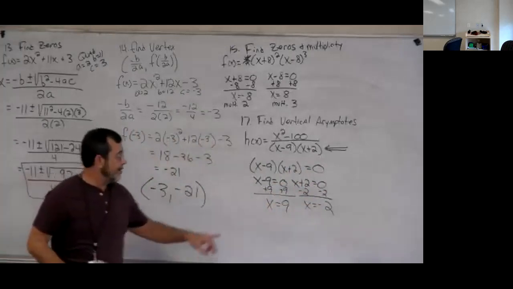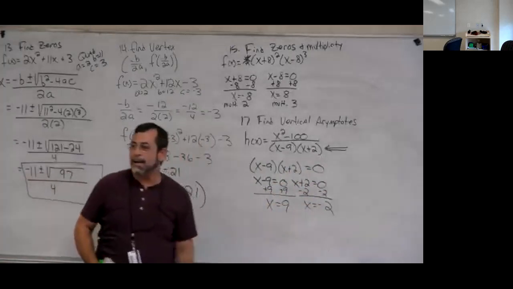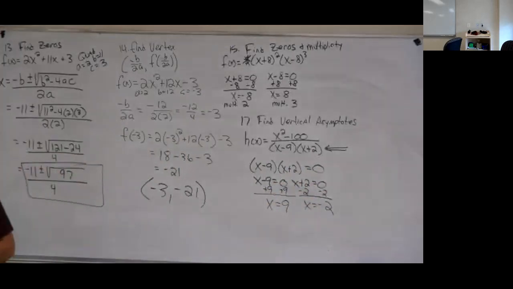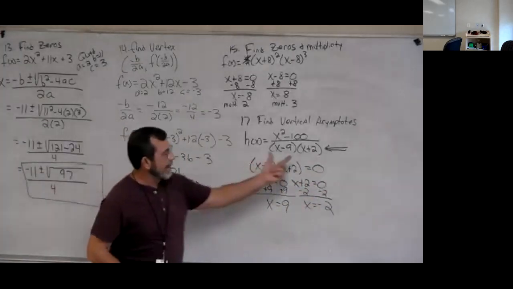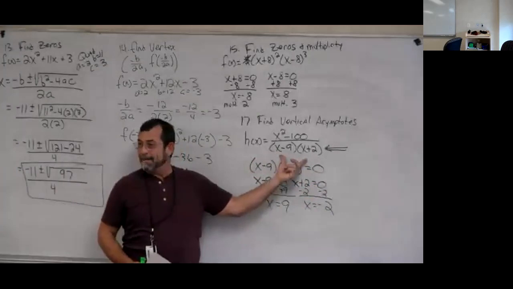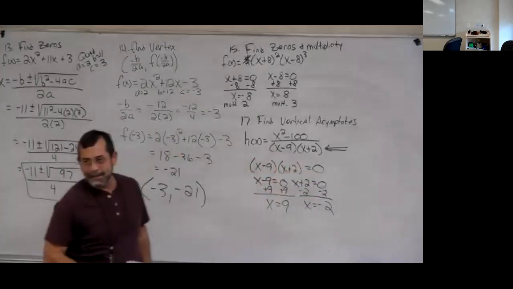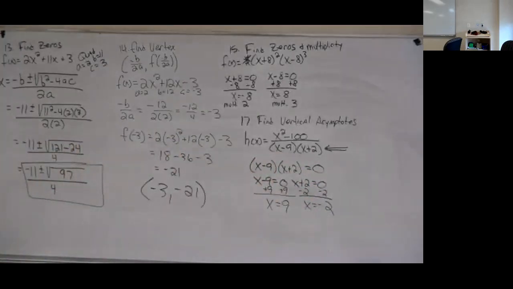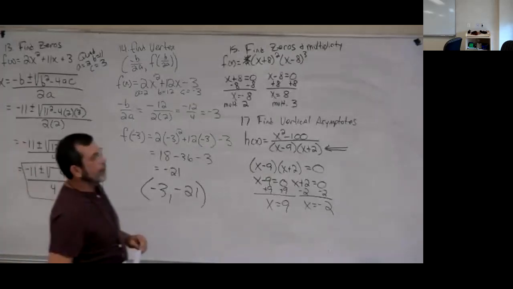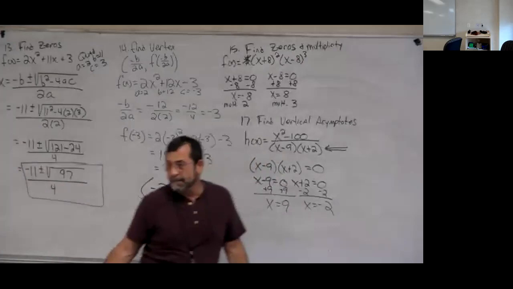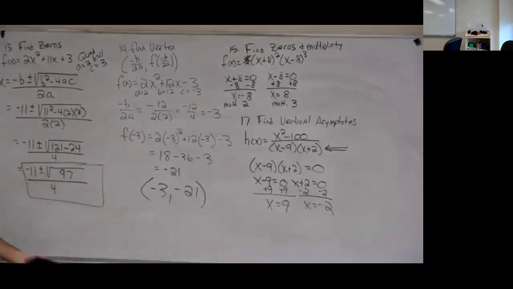They give you some answers where they put y equals 9 and y equals negative 2. Okay, but I don't even have a variable y here, okay? Got to be x's on those. So vertical asymptotes is the same as the domain. Look at the bottom only, set them equal to 0 and get them numbers.